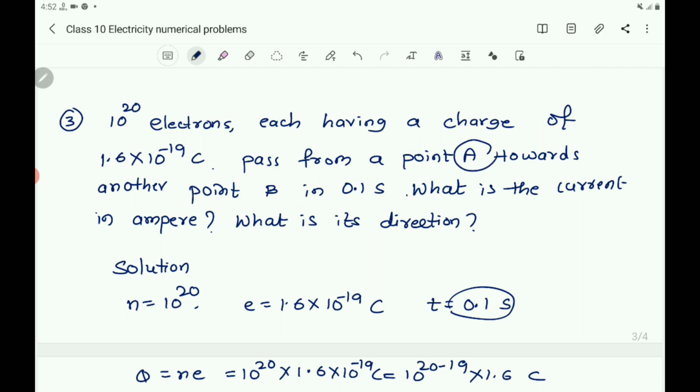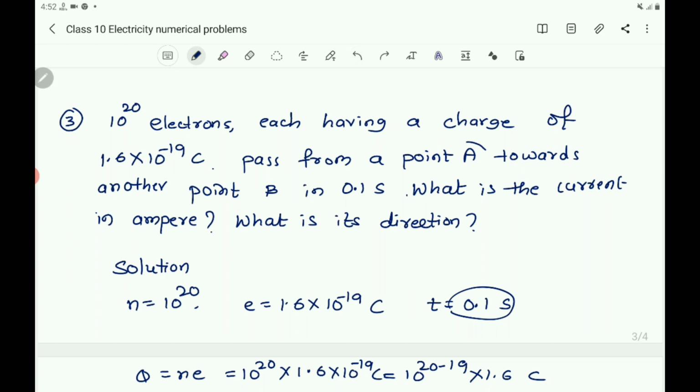As the electron moves from point A to point B, the current moves in the direction from B to A. You know that the conventional direction of the electric current is opposite to the flow of electrons.